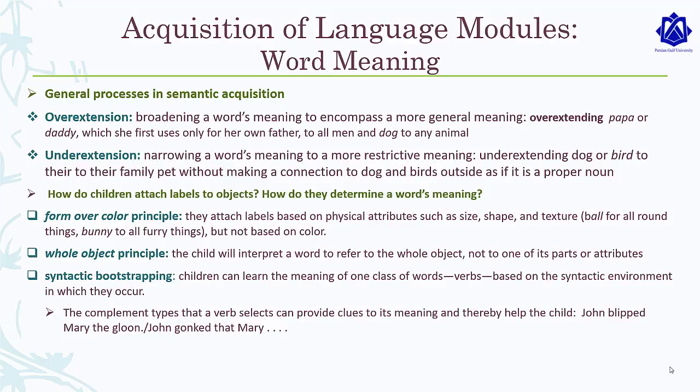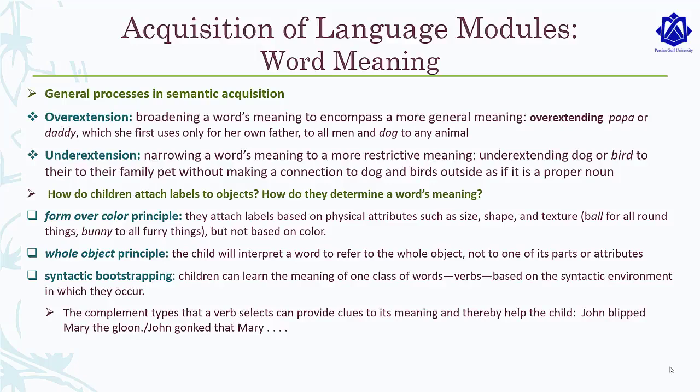It can also be the case that they use underextension, so that what they would learn for one thing would be treated as if it is a proper noun. For example, if they learn the word dog, they would just use it to refer to their family pet rather than being the name of a type of animal, and it can encompass all of the other animals.